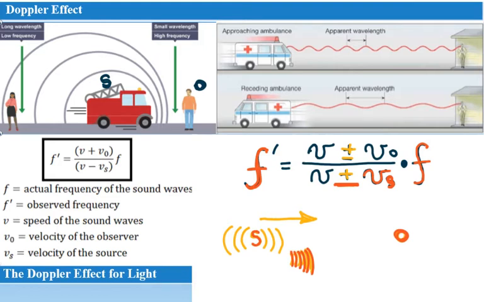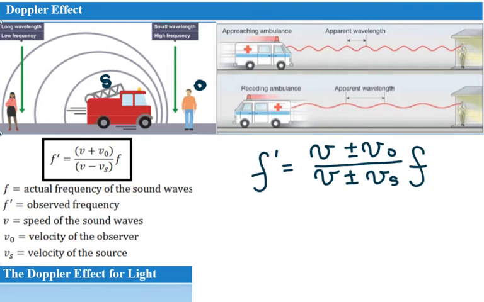So let's say it's a sound in the air, and the velocity of the sound is 340. So this v would be 340, this v would be 340. But then the velocity of the observer is 0 because the observer is not moving. And then for the velocity of the source, you subtract, because when you subtract, you make the denominator smaller, then you make the new frequency larger.